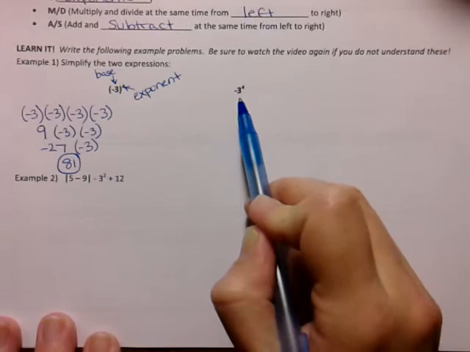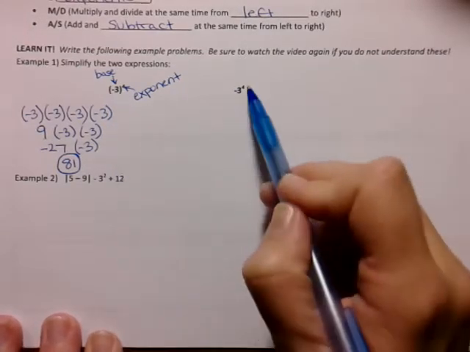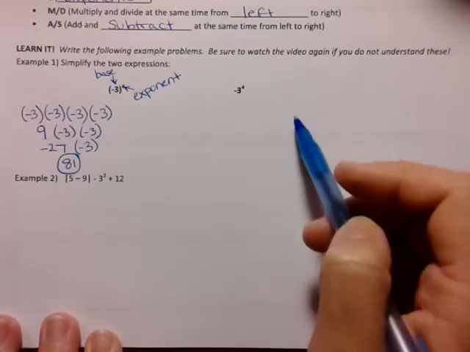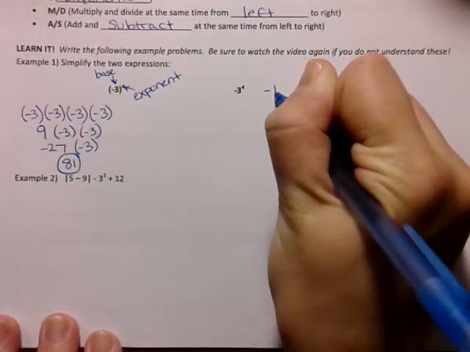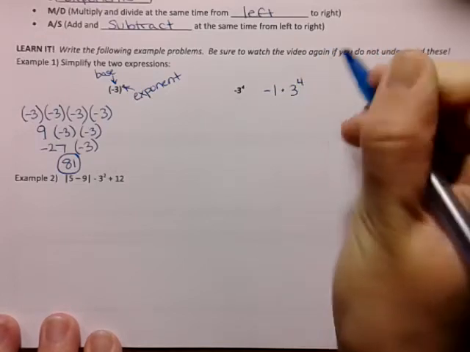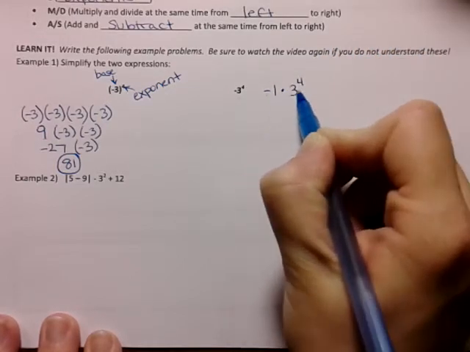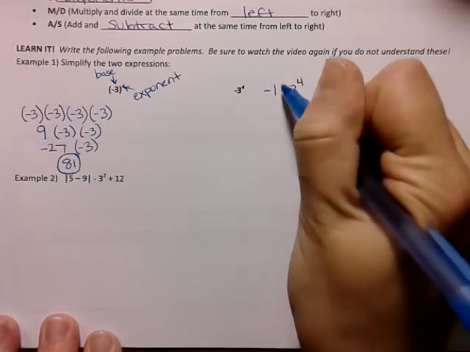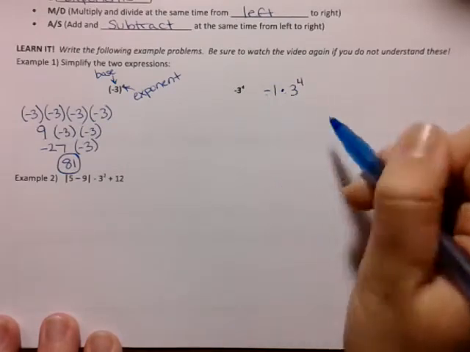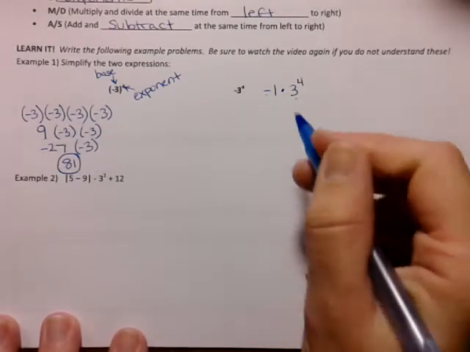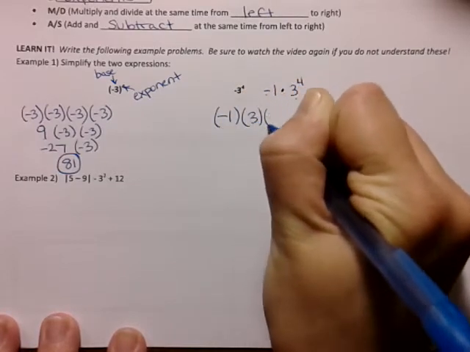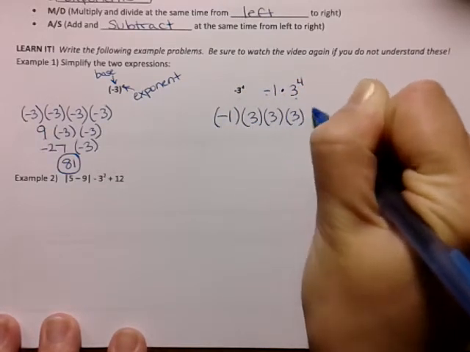Now, this one over here looks like it might be the same as this, except that it does not have the negative inside the parentheses. So what this actually is, is -1 times 3 to the 4th power. This negative is not part of the base. It's actually an invisible -1 being multiplied by the 3 to the 4th power. So this would read -1 times 3 times 3 times 3 times 3.